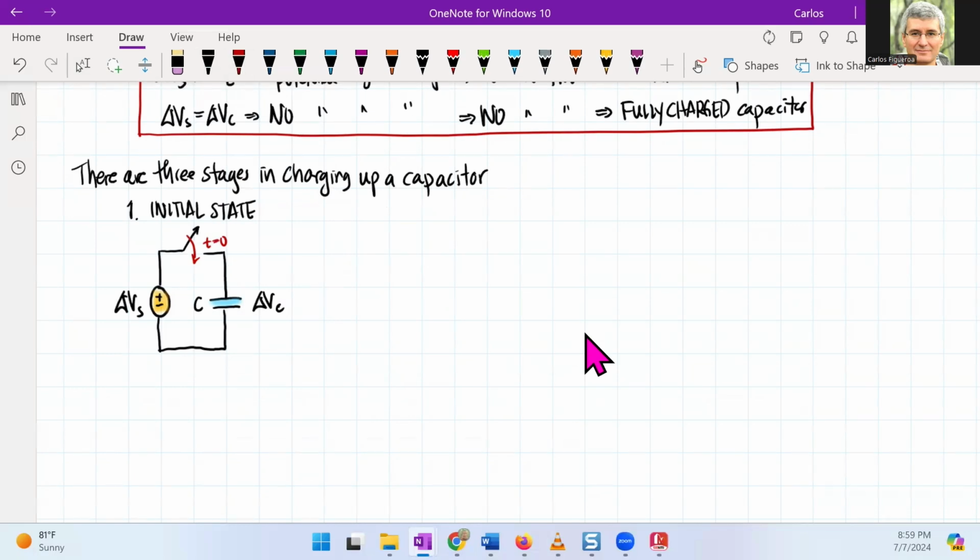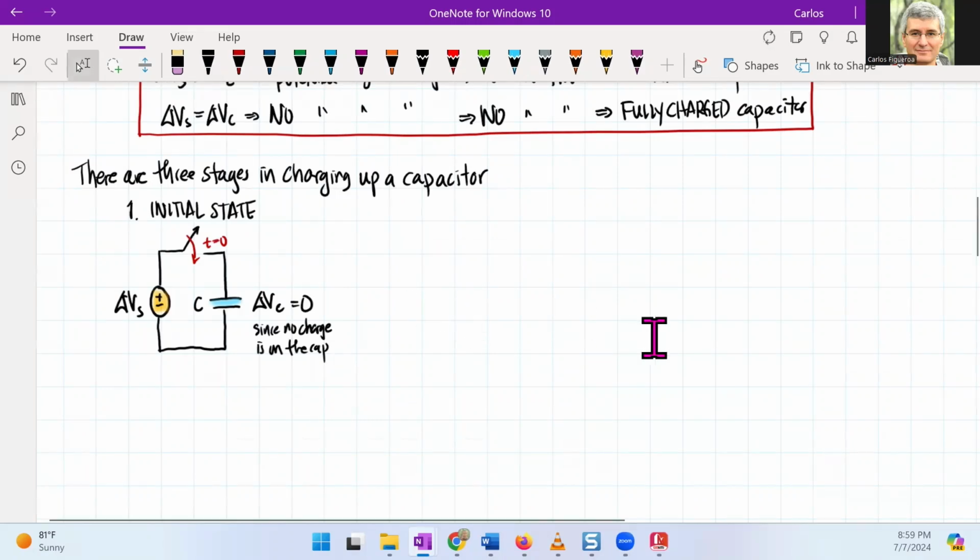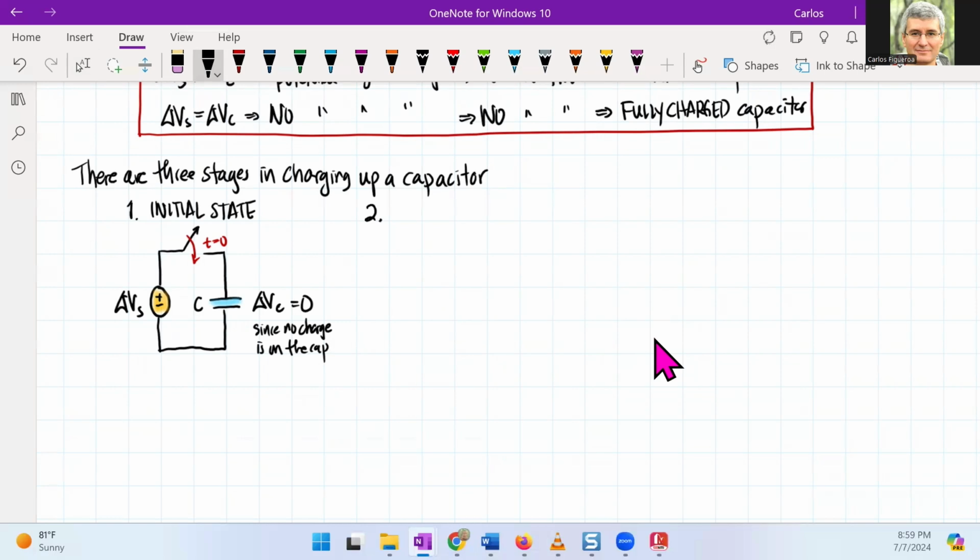And so what I do know here is that right before the switch is thrown, this is 0 since no charge is on the cap. So now what happens next? What happens next here is that we go to what is called the transient state.